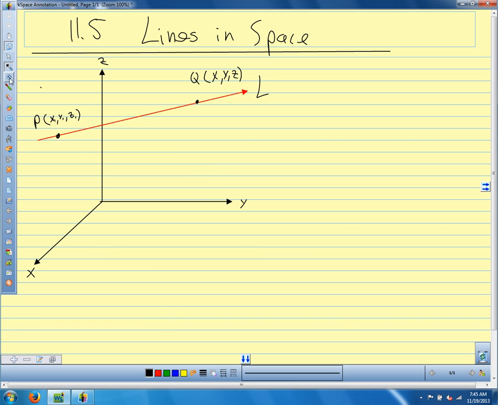Now in blue down here, starting at the origin, I'm going to draw a vector V that is parallel to this line. And V is our vector, just some vector a, b, c. So the line is through points P and Q, and L and V are parallel.